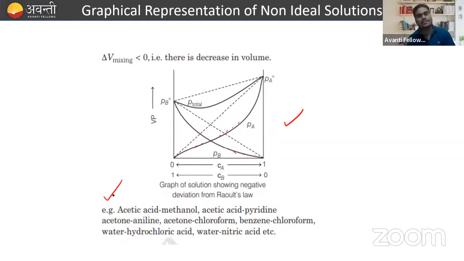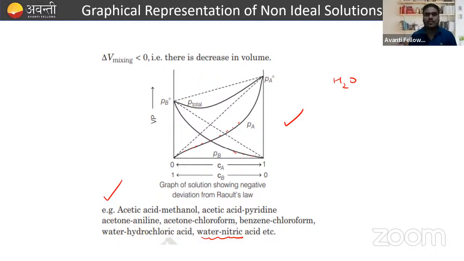So what are the examples? Examples like acetic acid and methanol, acetic acid and pyridine, acetone and aniline, acetone and chloroform, benzene and chloroform, water and hydrochloric acid, water and nitric acid. Basically, in water and nitric acid, or water and hydrochloric acid, there is hydrogen bonding involved.